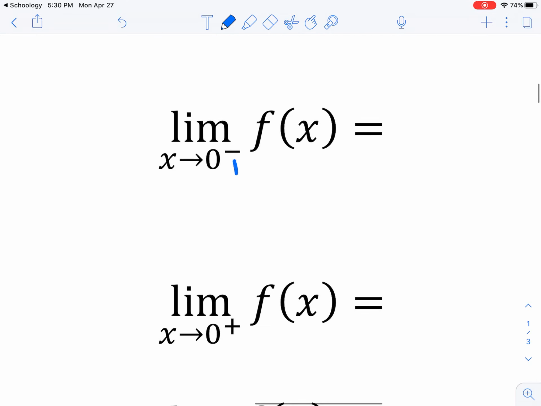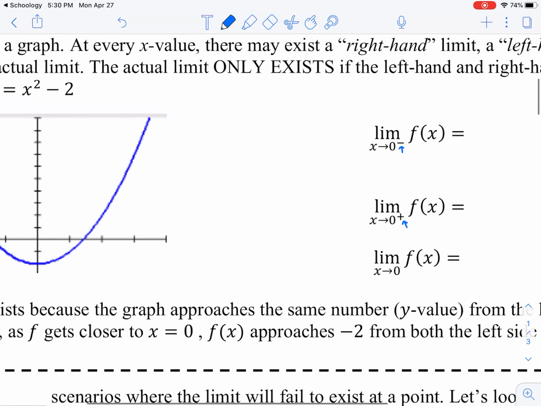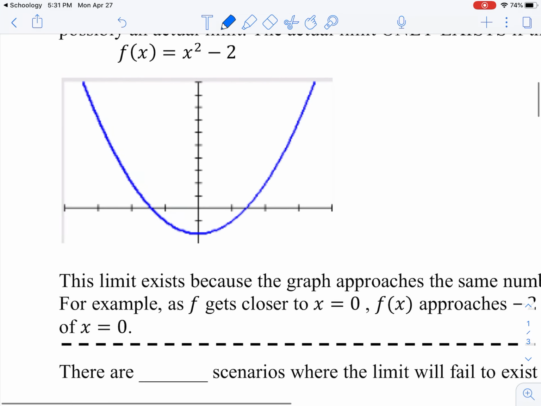The left-hand limit is represented by a little negative sign to the right of the number, and the right-hand limit by a little positive sign. How we taught it to you is to find the left limit and find the right-hand limit. If they're the same, that's the limit. Then we kind of got rid of the left and right hand, but it is important that you know how to find those.